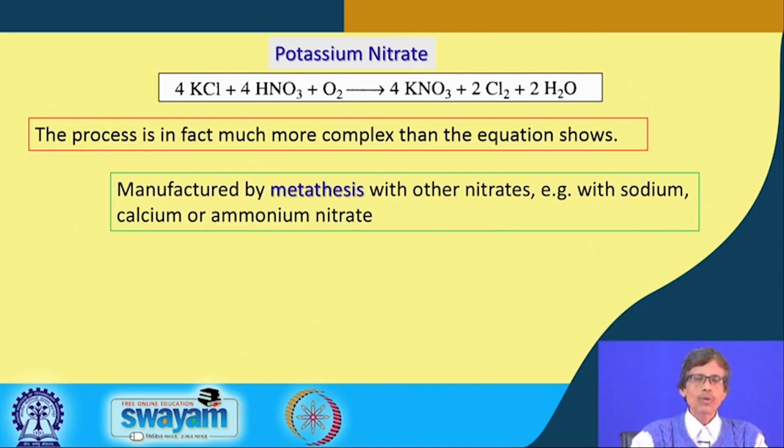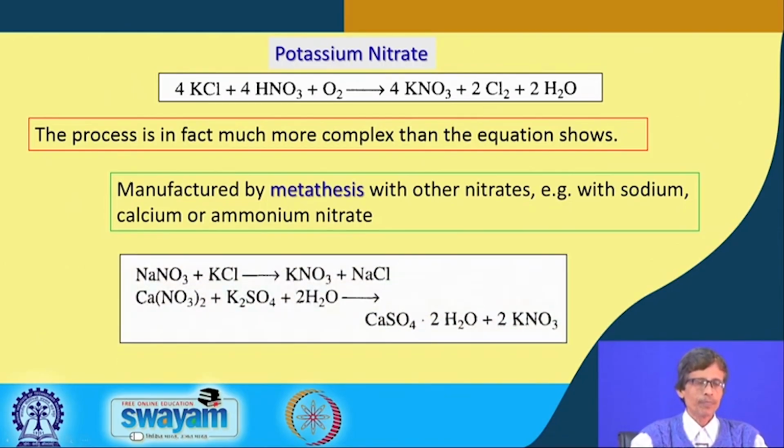Whether sodium nitrate, calcium nitrate or ammonium nitrate give any benefit with regard to cost, we should be very careful. To make this salt we always look at the cheapest available nitrate source. If nitric acid is cheaper than sodium nitrate, we should go for this particular reaction.